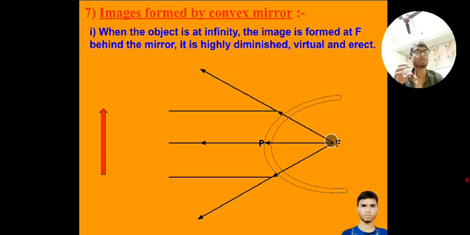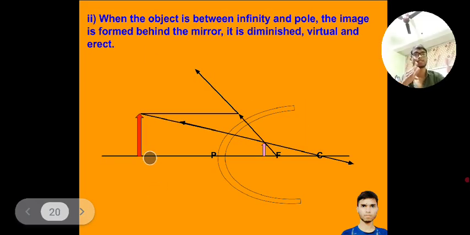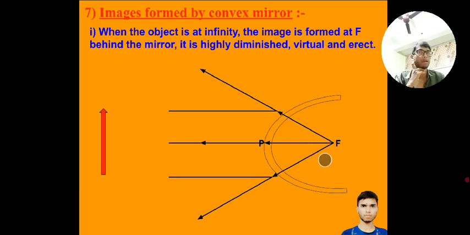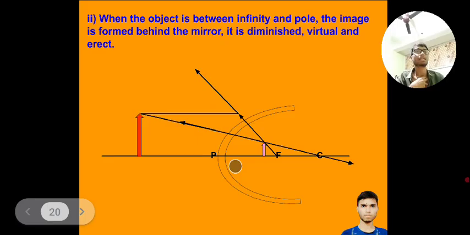In this case the object is between infinity and pole, so we can see a small size of the object inside the mirror, between P and F. In the previous case the image formed at focus, and here the image is between F and P. Now this is clear.